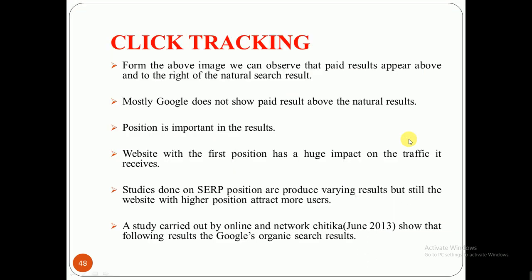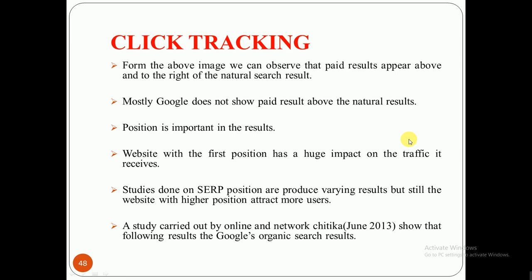From the above image, we can observe that the paid result appears above and to the right of the natural search result. So you can see it. We have seen the websites or pages in which all this information is available. Next, mostly Google does not have a paid result above the natural result.